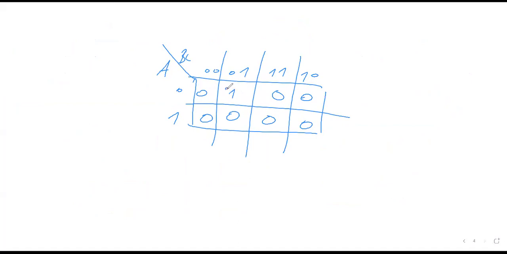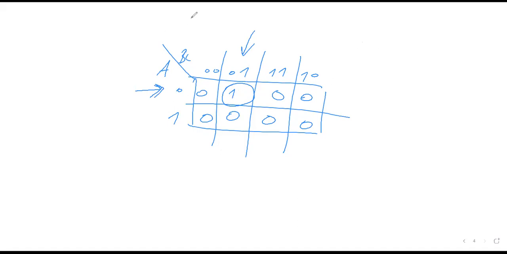You just identify your 1 as a group, then you find the variables which remain constant. So if I'm finding the variables which remain constant for this one, we have this and this. All of them are remaining constant. This row does not change for my group. It remains 0.